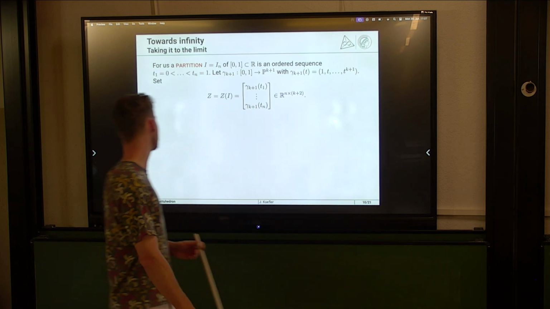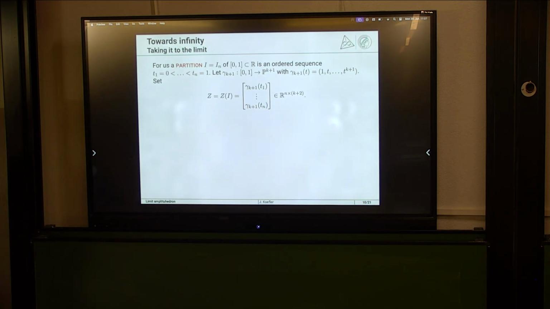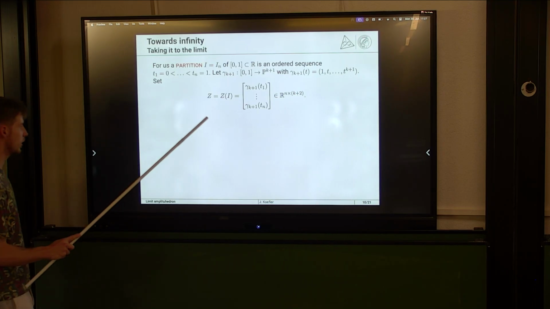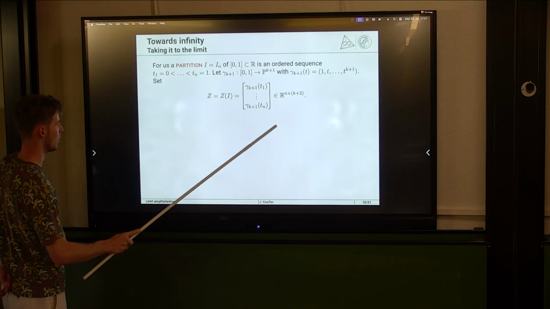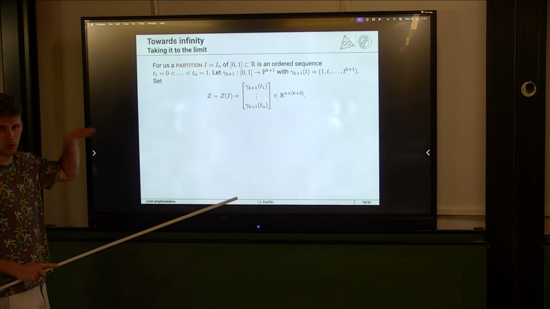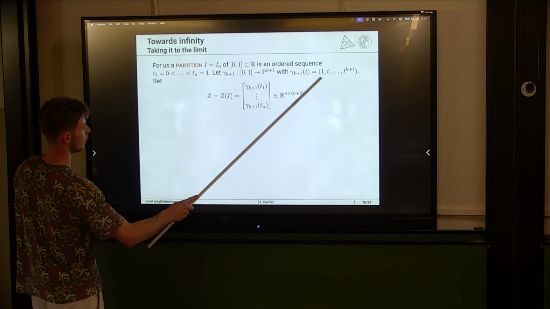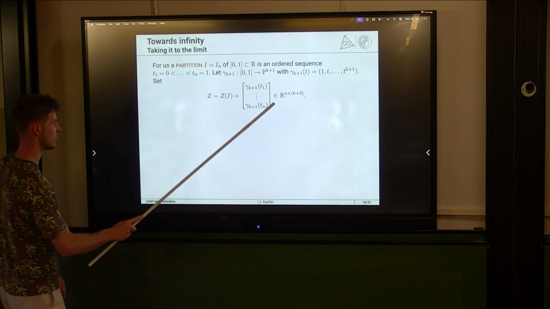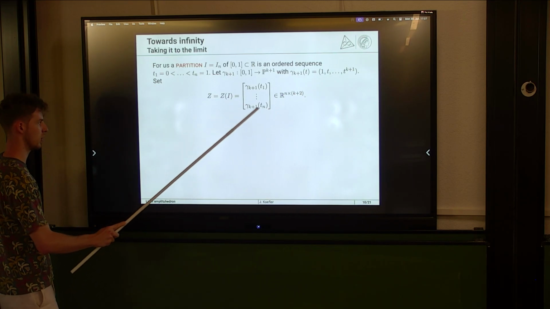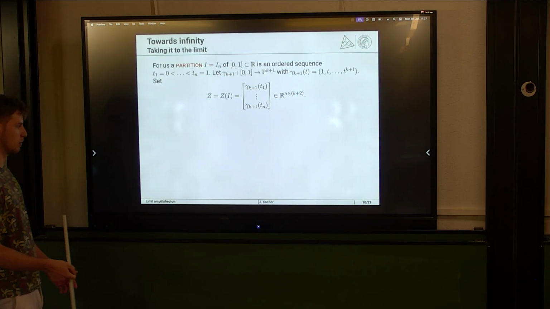And here is now a key ingredient. For each such partition, we define a matrix, which is an n times k plus 2 matrix, by stacking n points on the moment curve on top of each other. These are tuples of length k plus 2. So if I stack n of them on top of each other, this is really a matrix n times k plus 2.